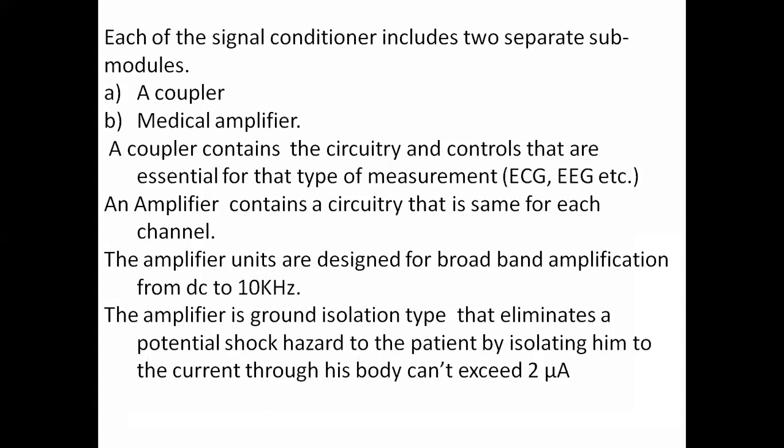Suppose ECG and EEG: we have two types of measurements, the ECG waveform and the EEG waveform. The measuring sections may be different, depending upon the type of electrode system we are using for measuring these potentials, so we have different couplers.